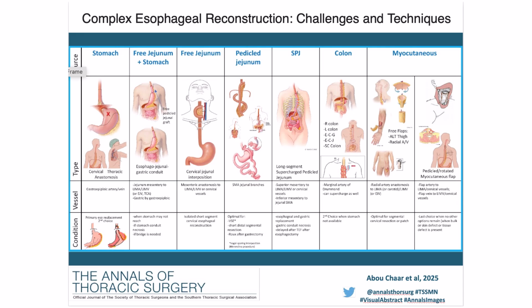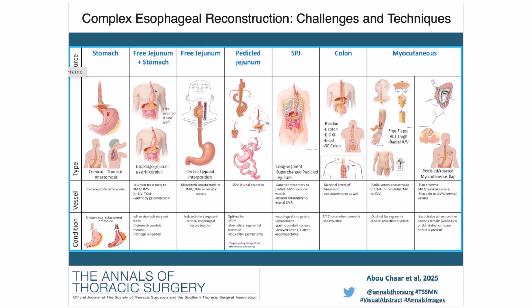We reviewed a variety of different types and structures, including a gastric conduit, free jejunum and stomach, free jejunum interposed at the level of the cervical esophagus, pedicled jejunum, supercharged pedicled jejunum, colon interposition, including a supercharged colon, and myocutaneous flaps, such as an ALT flap or a radial free forearm flap.